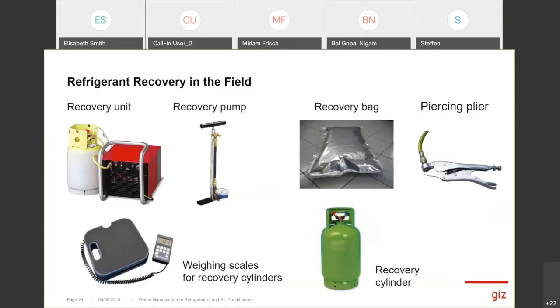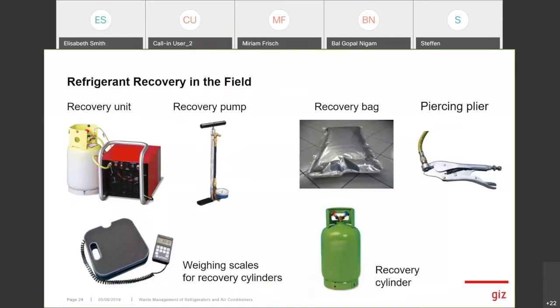So next is a presentation of tools and equipment used in the field for refrigerant recovery and recycling. We have a recovery unit on the top left side, which is often used in many Article 5 countries for the purpose of refrigerant recovery.